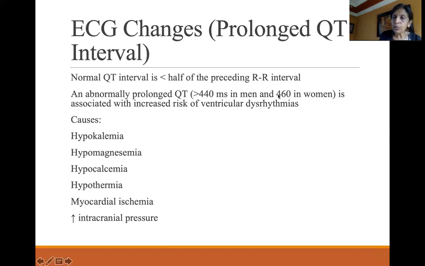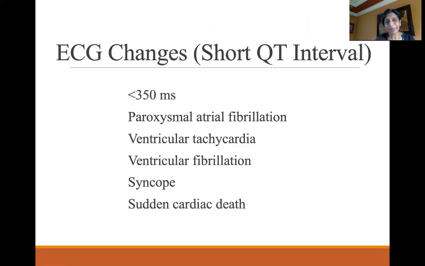All right, so what is it associated with? Increased risk of ventricular dysrhythmias. What causes it is where you're talking about. So long QT interval means decreased heart rate, correct? So hypokalemia decreases heart rate, hypomagnesemia does the same, hypocalcemia, hypothermia, myocardial ischemia, increased intracranial pressure, all of this, okay?